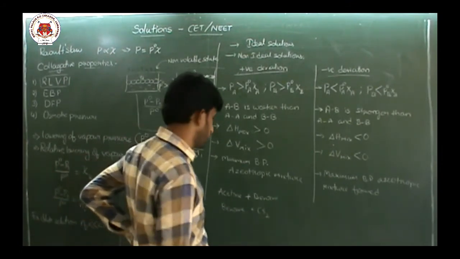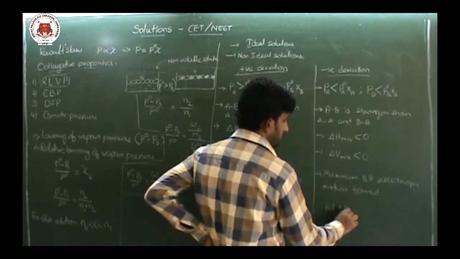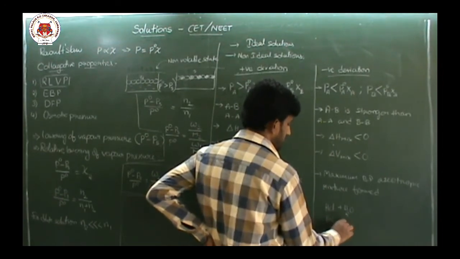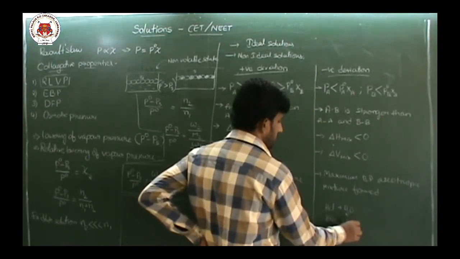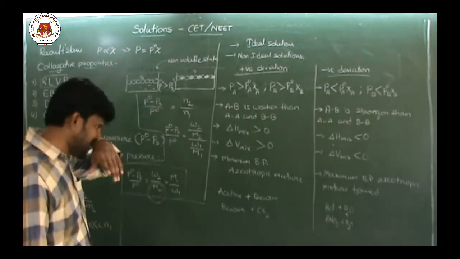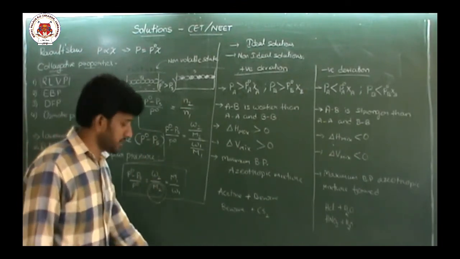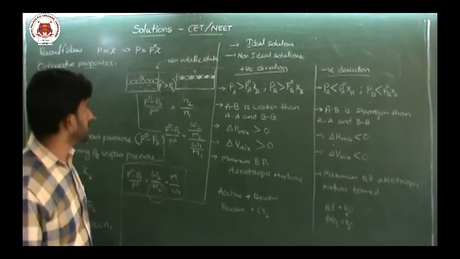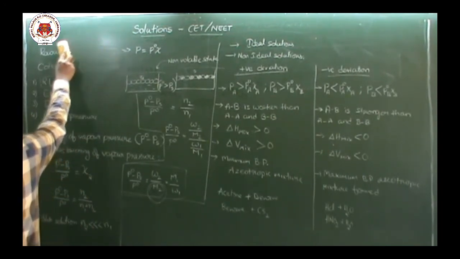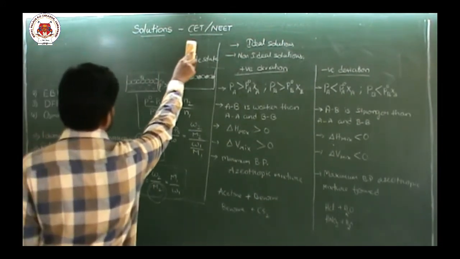Examples here: HCl plus water or HNO3 plus water. Okay, these are some examples. So this is about the non-ideal solutions with positive and negative deviation. Next property, elevation in the boiling point.